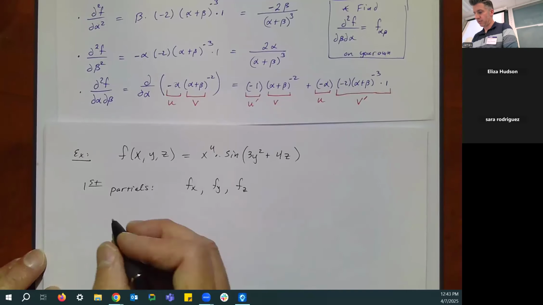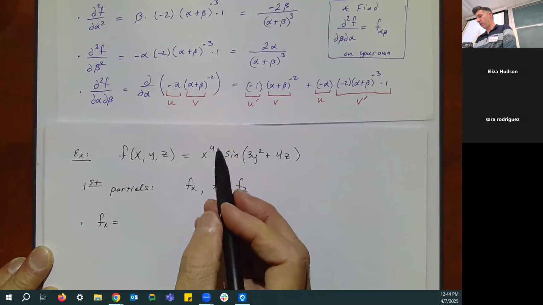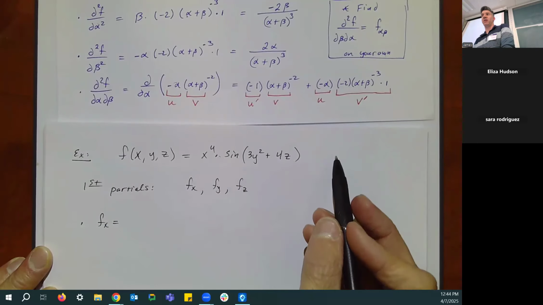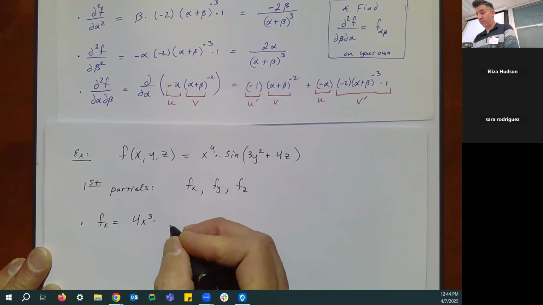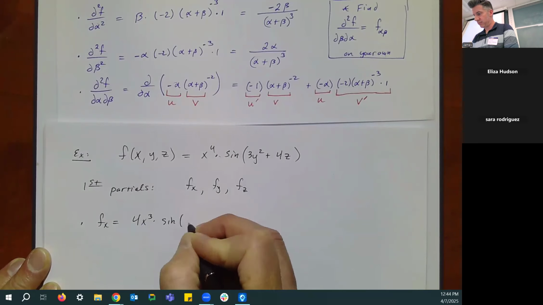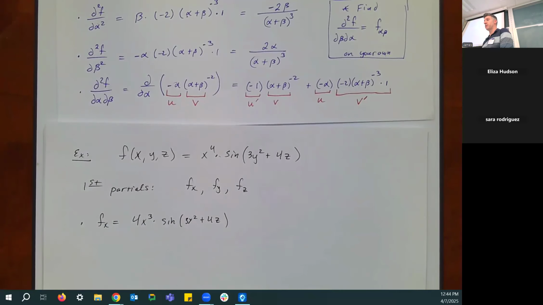So fx, usual deal. I've got x to the 4th times some stuff that doesn't have any x's in it. So the derivative of x to the 4th is going to be 4x cubed, and the rest of the stuff that's multiplied by it just hangs out. That's our fx.